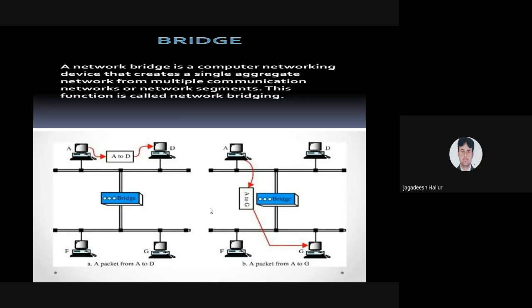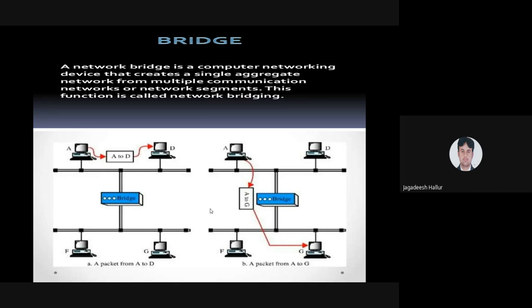Four PCs are connected at the left side and the remaining four PCs are connected at the right side. The four at the left side are A, B, C, D, and the remaining four are E, F, G, H. The main function of this bridge is that it maintains the bridge table: port number and MAC address.